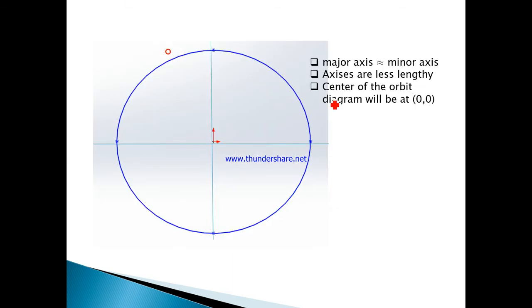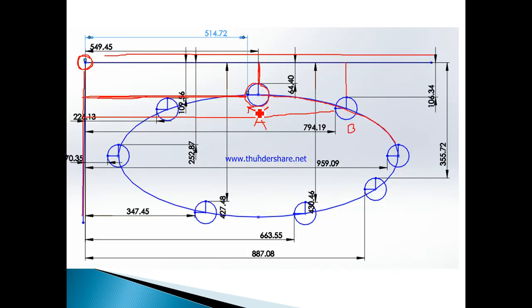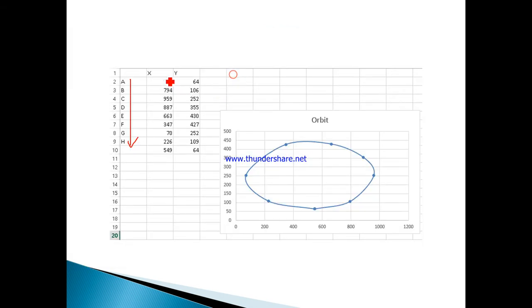That means in position A, that distance is around 64, and this distance is around 549.